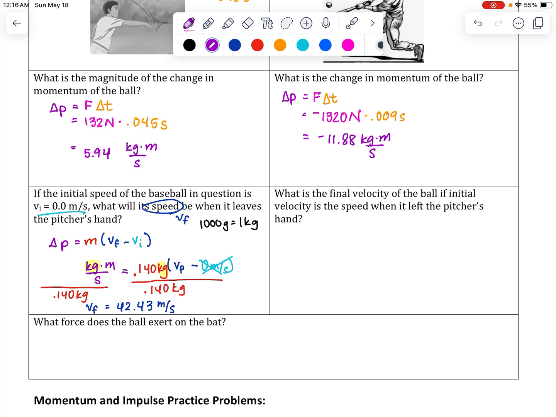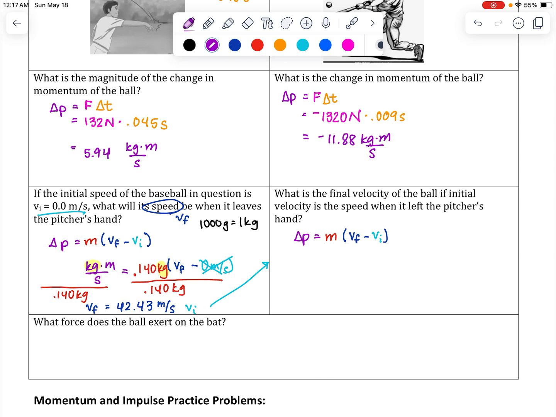Now, what's the final velocity of the ball if the initial velocity is the speed? This initial velocity is here, the VI for this problem. So my change in momentum is equal to my mass times final velocity minus initial velocity.